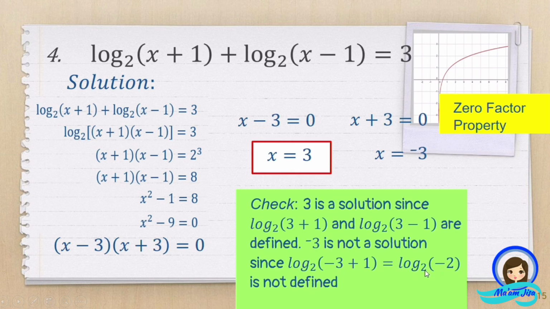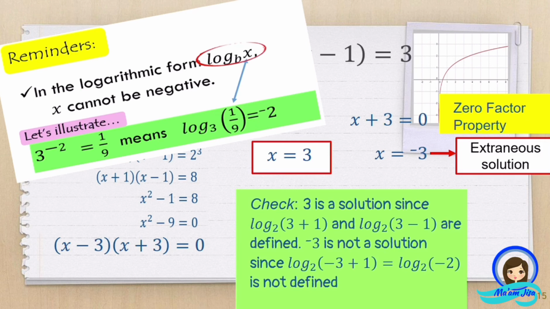It's not defined because this expression here is negative. Take note, this must be positive for the logarithmic equation to be defined. Negative 3 is just an extraneous solution. So as a reminder, in the logarithmic form, logarithm of x to the base b, x cannot be negative.